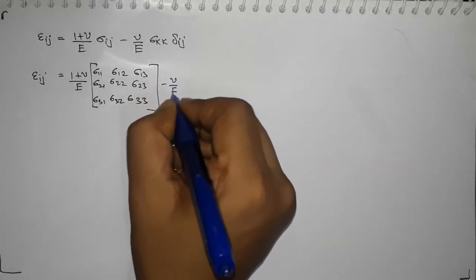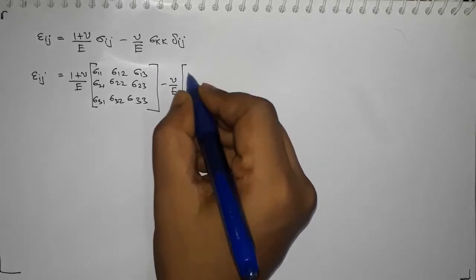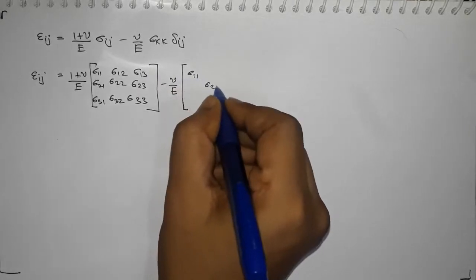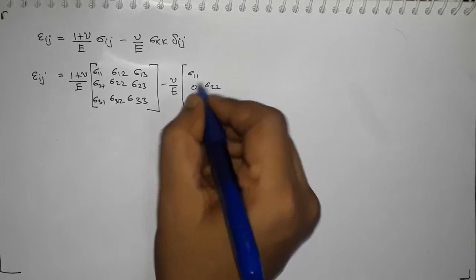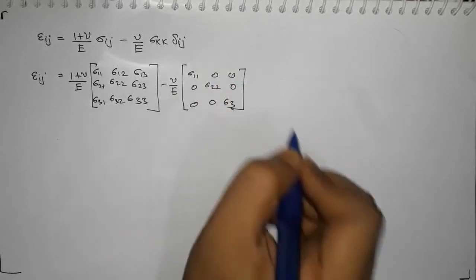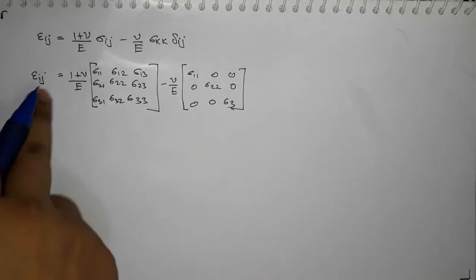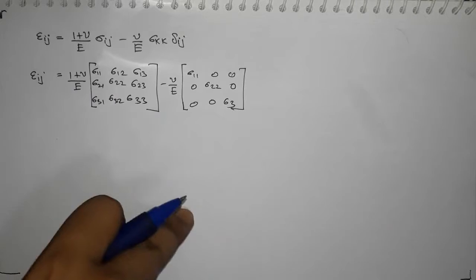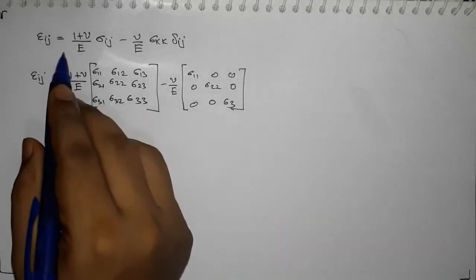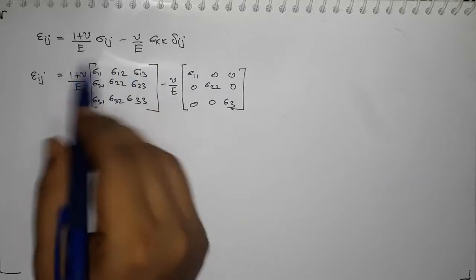Minus mu by E, and this is just the identity tensor, so this will be sigma 1 1, sigma 2 2, sigma 3 3. If you do this, you will get your strain tensor, so 9 components of that. So this is what we mean by these symbols.